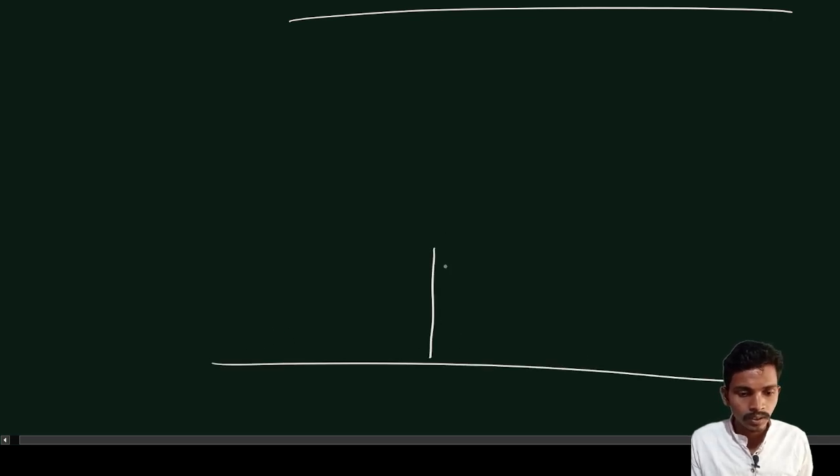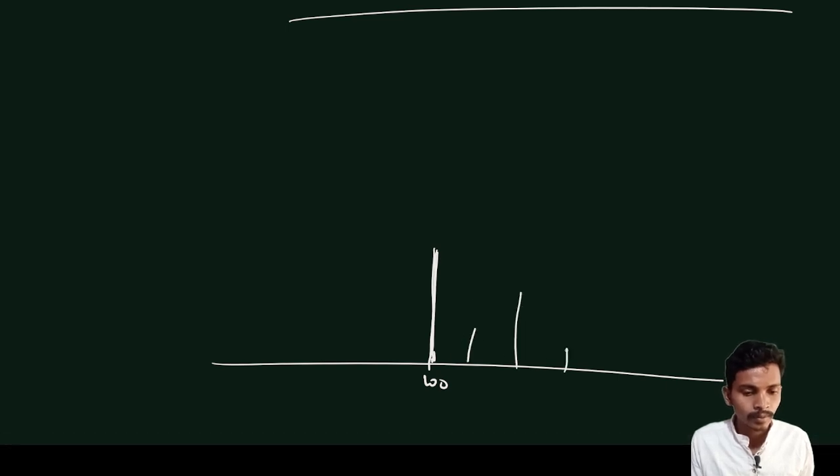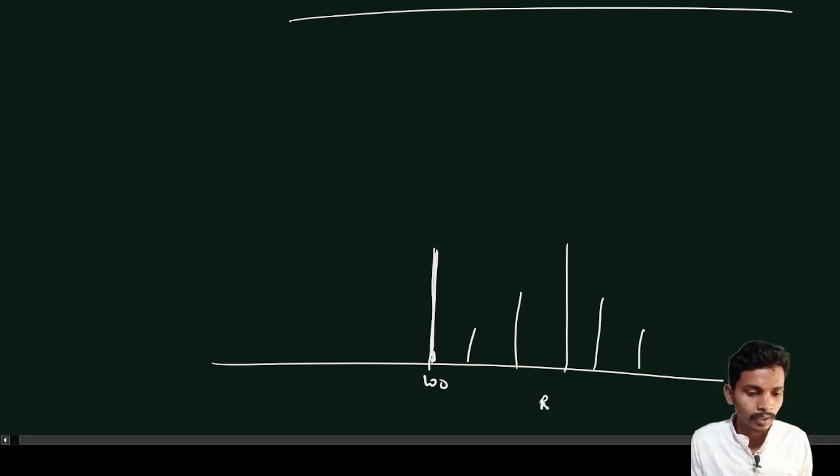So here we get, this is omega naught. So a dark peak we will get here, and here we will get the R branch, and here we will get the P branch.